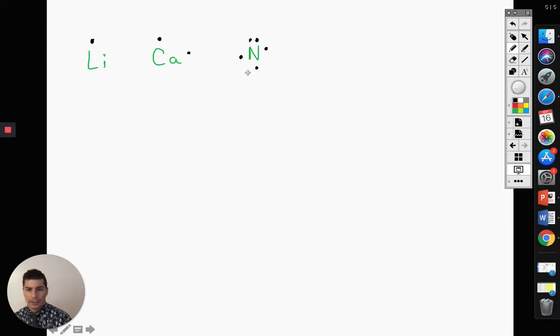All right. Now here's what we need to know for these areas. If it has 0 or 2 electrons in any area, it's not going to bond. So no bond in that area.